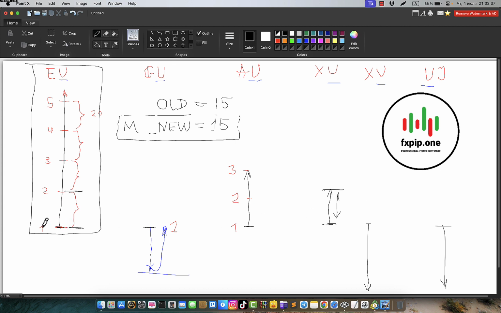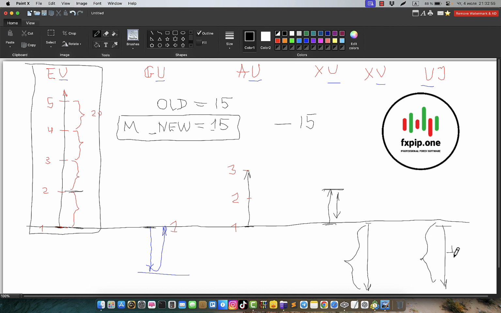For example, we open start orders from this point, but once we detect minus 15 points, we will add these distances, where it can go in plus and it can go in minus. Some of them can go in plus, some of them minus. Here minus.